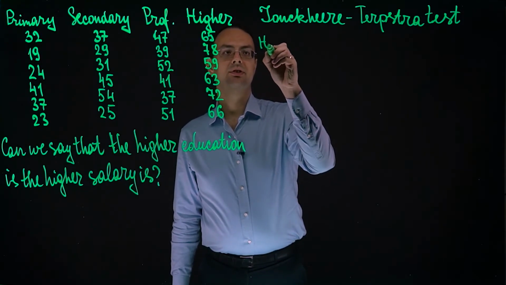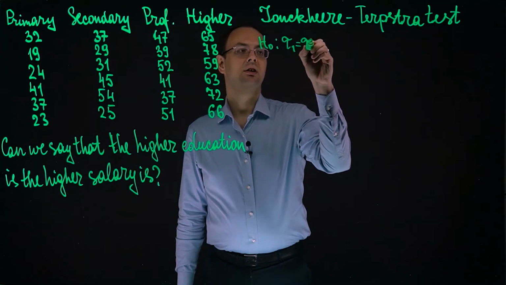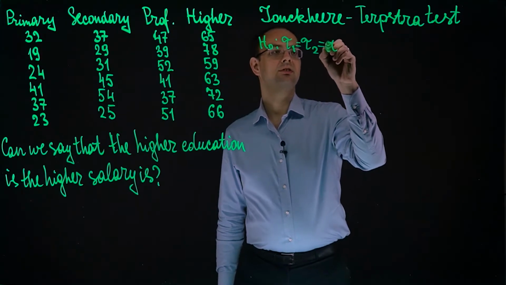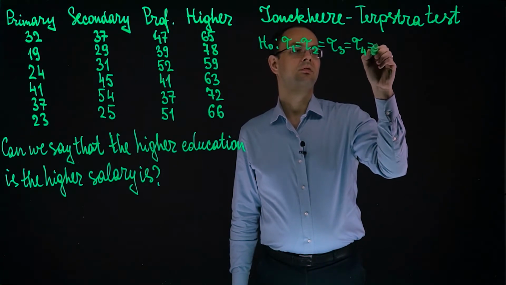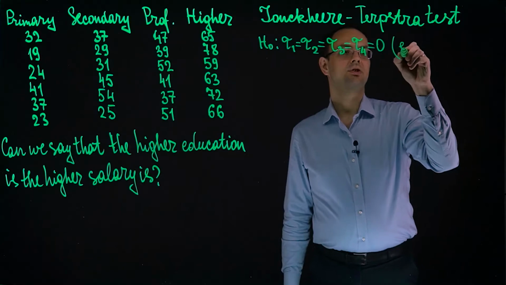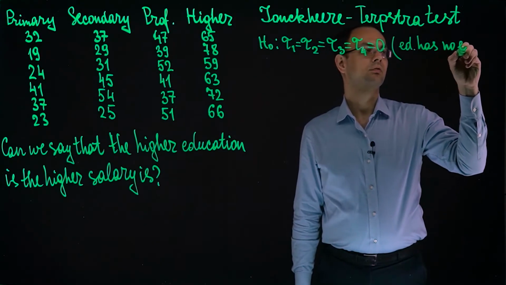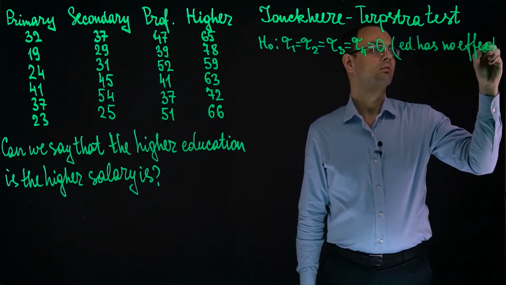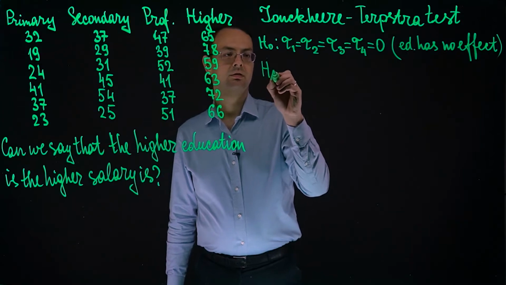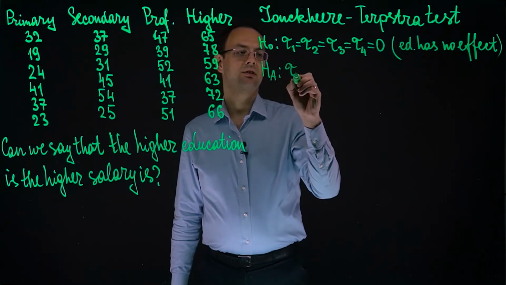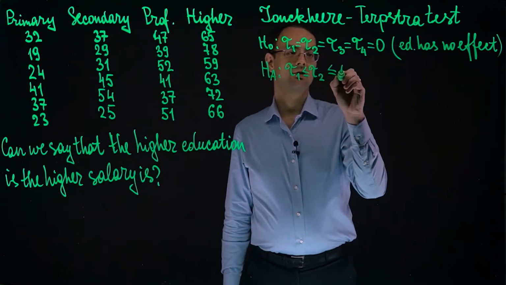The null hypothesis is that our taus are all zeros, and this means that education has no effect. And the alternative is that we have a directional effect.